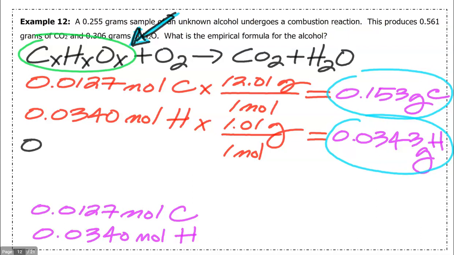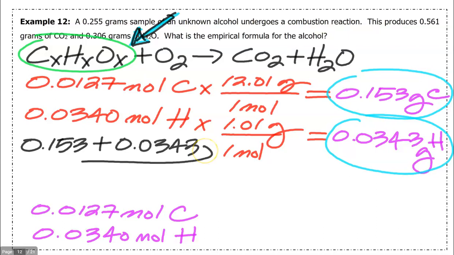Take 0.153 and add that to your 0.0343. I'm going to slide this down here, and that's going to equal 0.187 grams. Now this is combined carbon and hydrogen.